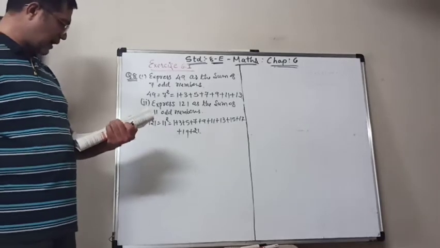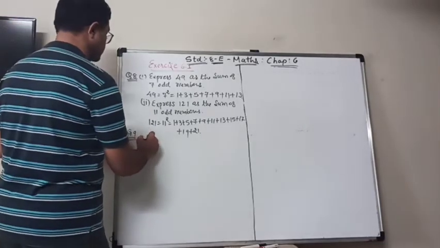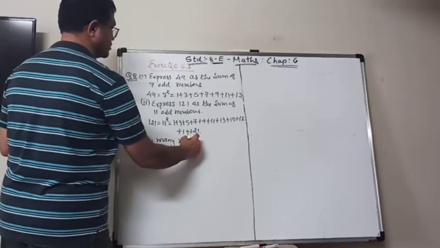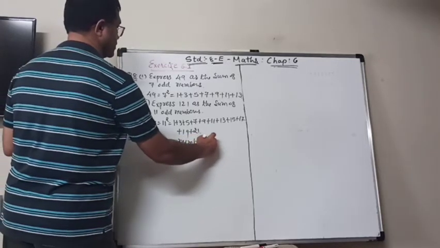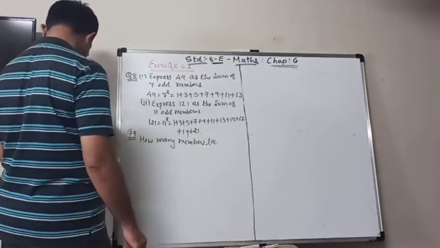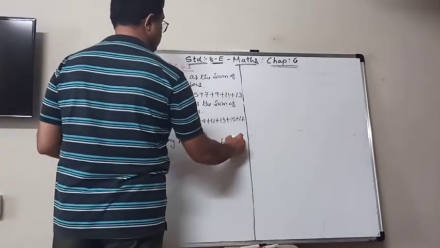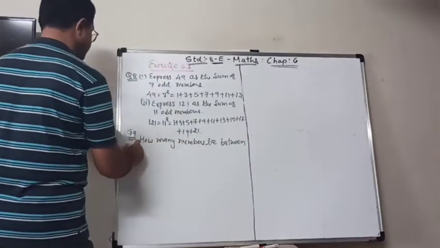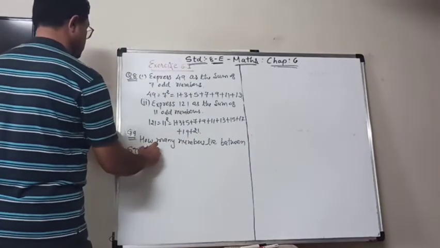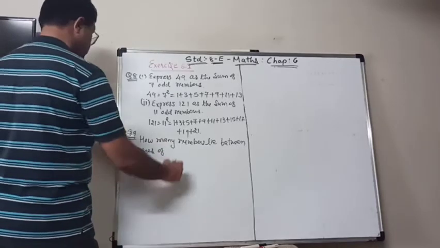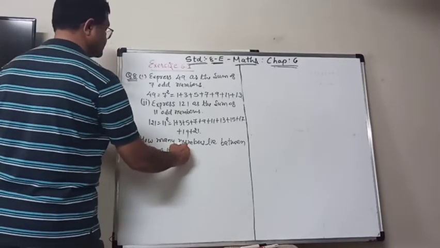Question number 9. How many numbers lie between squares of the following numbers?